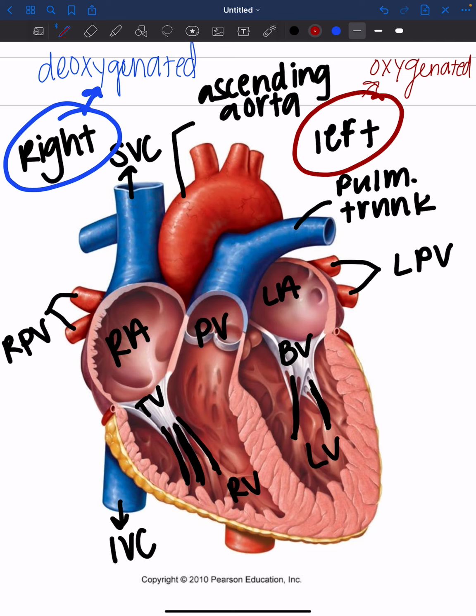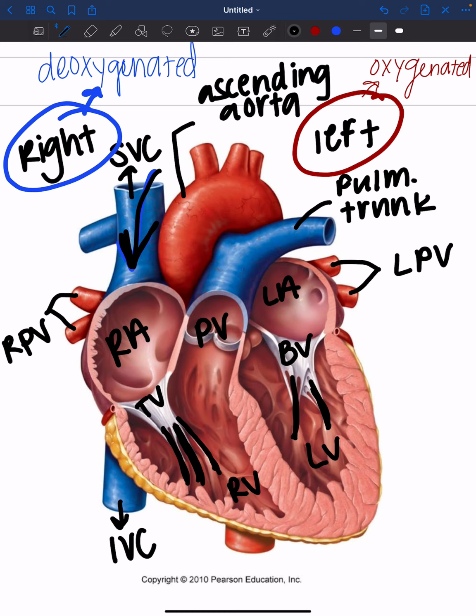All right? So now I'm going to go over the path of blood throughout the heart. So here we go. We're starting from the right side, deoxygenated, pulmonary, okay? It's coming in through the superior vena cava.